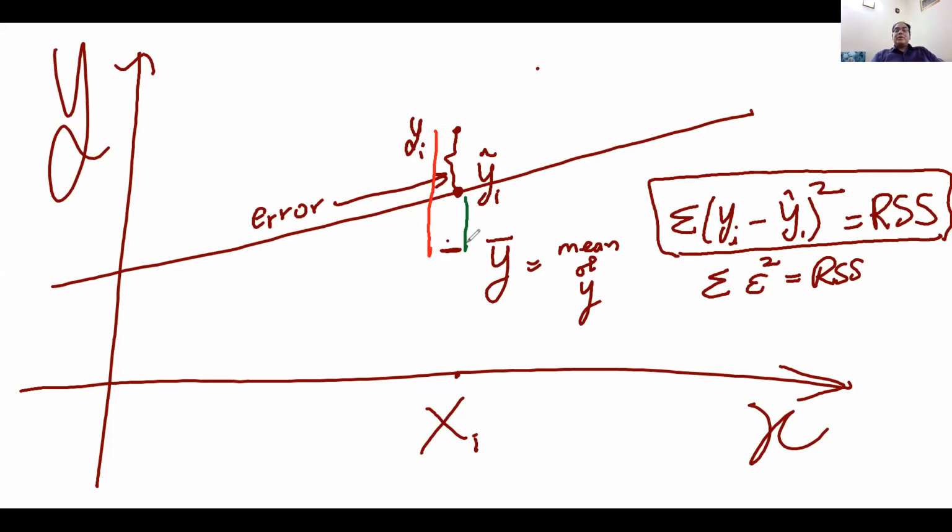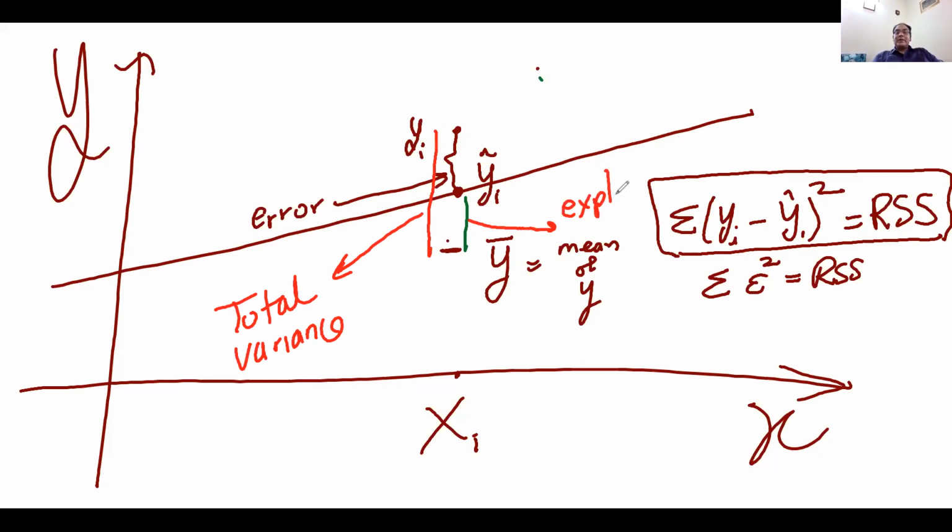I marked them with different colors for a reason. The red value indicates the total variance, and this other value indicates the variance explained by the model, known as explained variance.